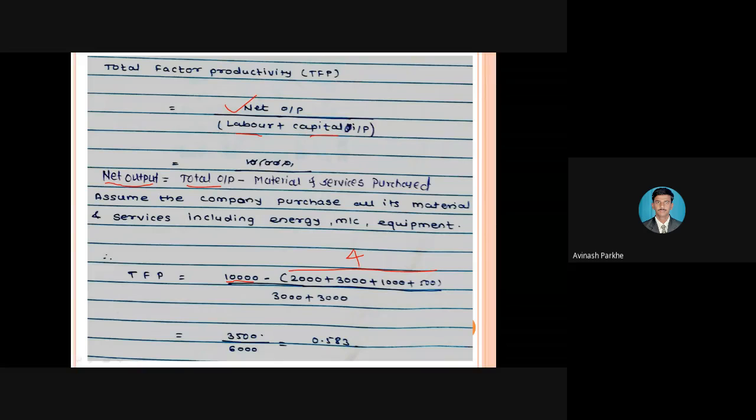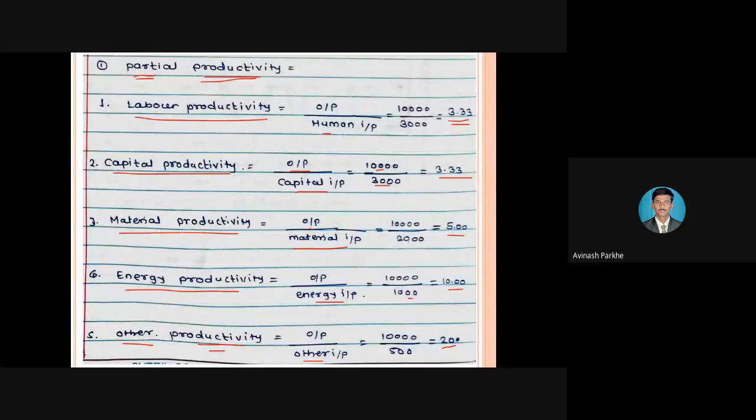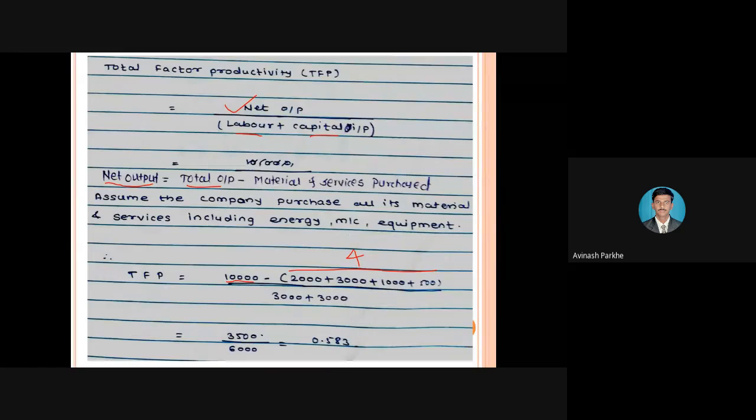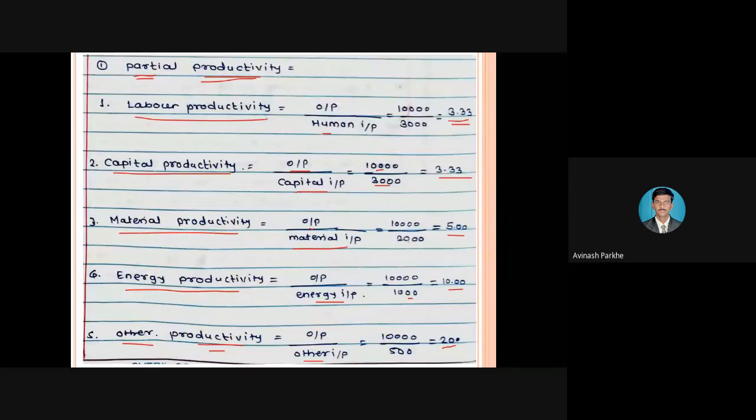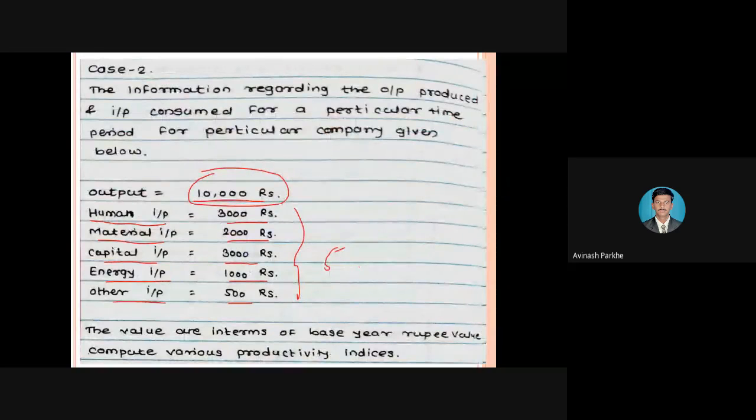Which are the 4? One is labor, another is material, the third is energy, and the fourth is other. Out of the 5 inputs given, human you can purchase, material you can purchase, capital it is not possible to purchase, we have to generate it, energy you can purchase, and other input resources we can also purchase.